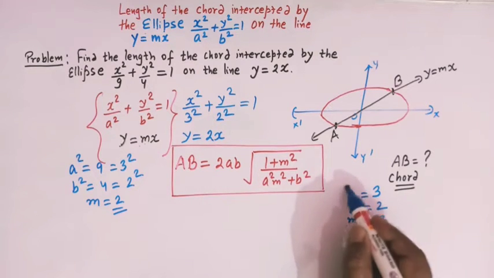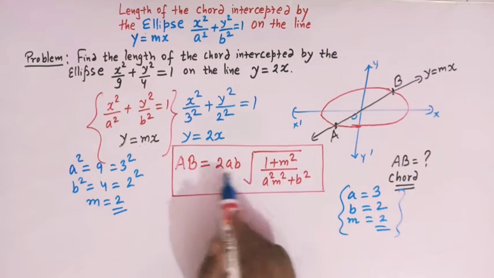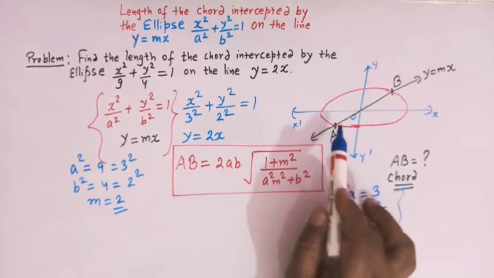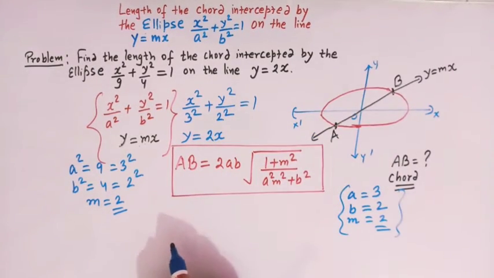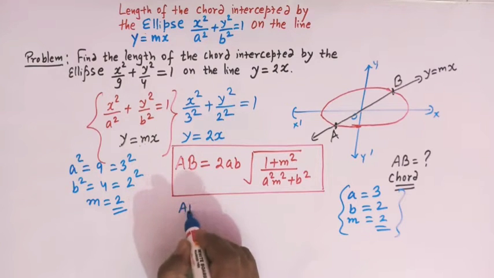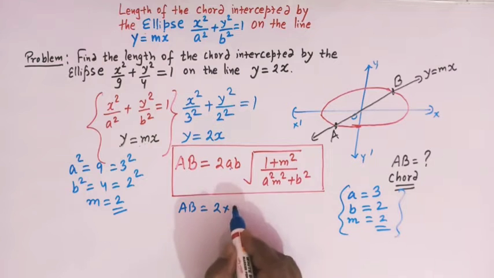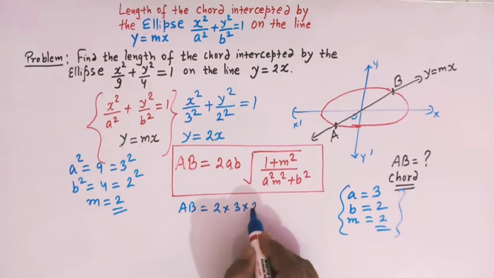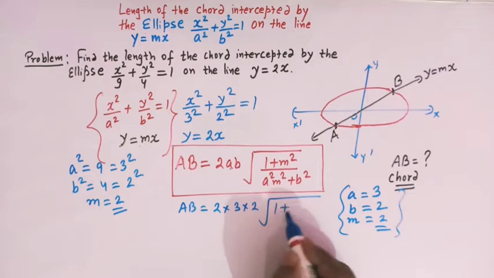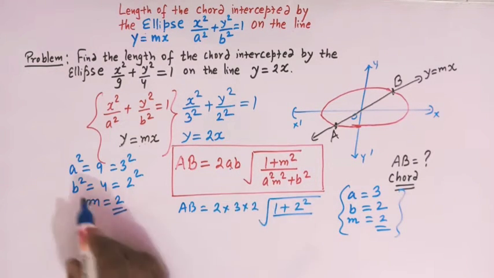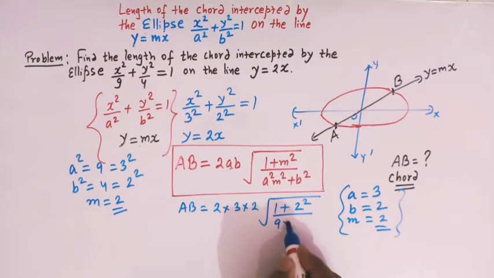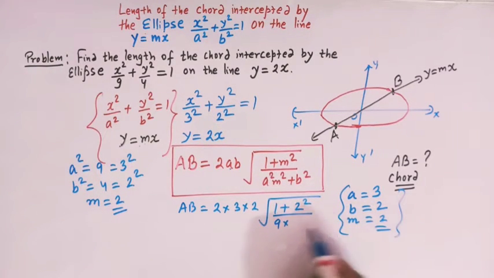So now we can simply substitute these values in this result to get the length of this chord AB, right? So now AB is equal to 2 times a and b, which are 3 and 2. So here we have 3 times 2, and then we have 1 + m², which is 1 + 2², and here we have a² is 9 and m², which is 2², that is 4, plus b², which is 4, right?